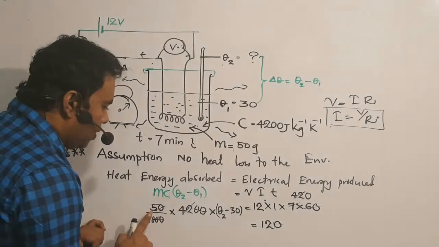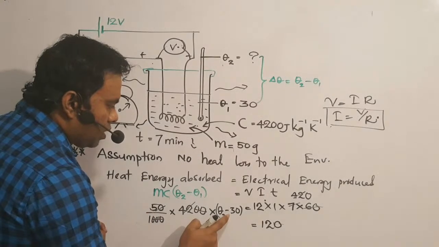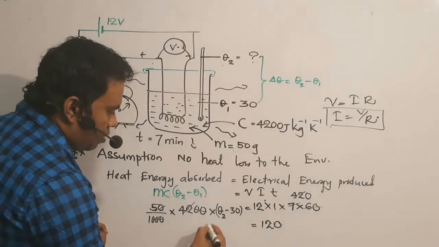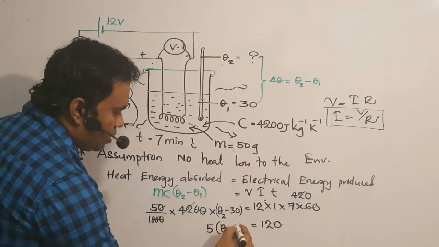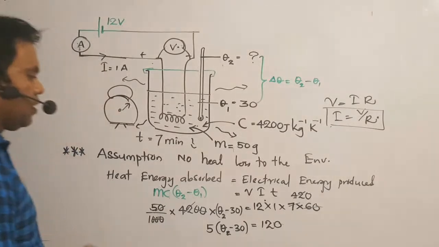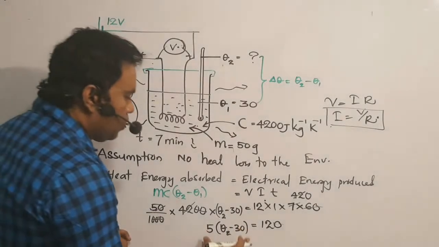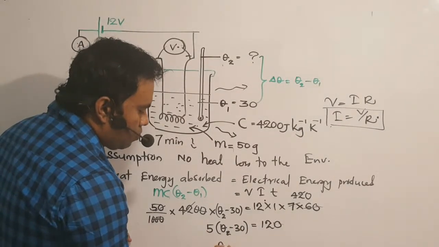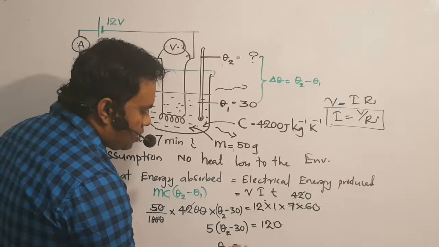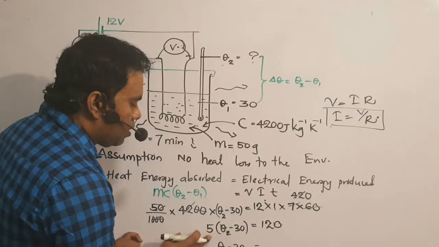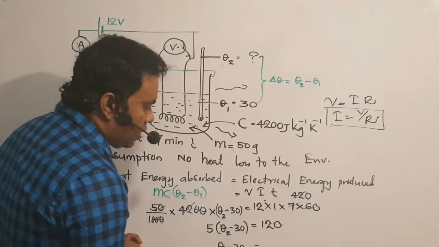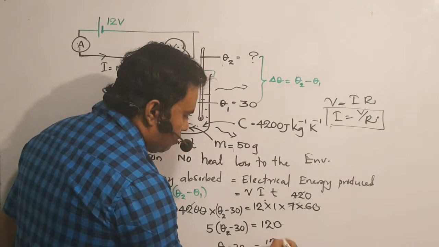Here, 5 times theta 2 minus 30. Okay, good. What we do now, theta 2 minus 30. So this multiplication 5 goes to the other side as a division.